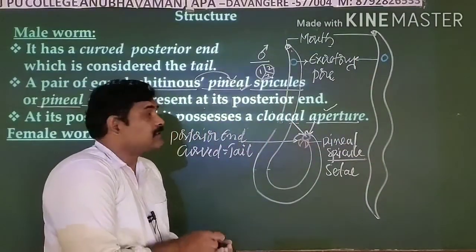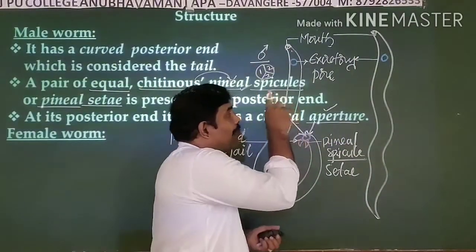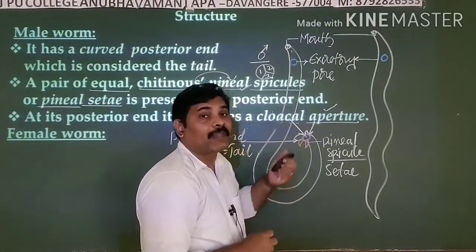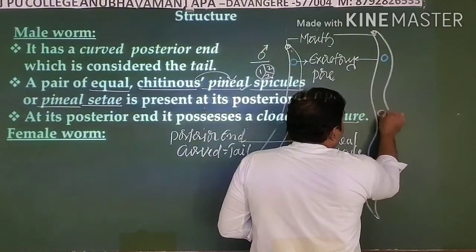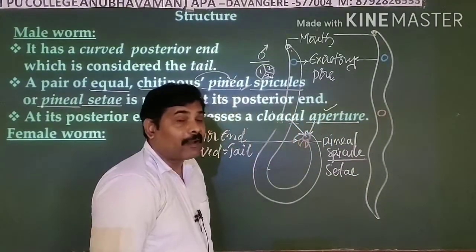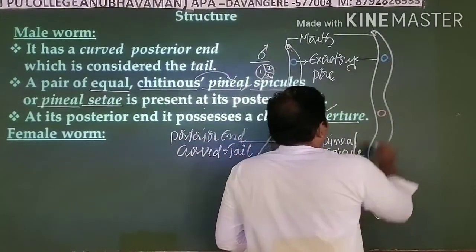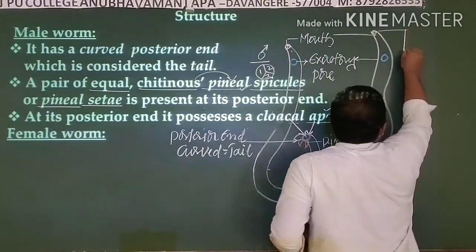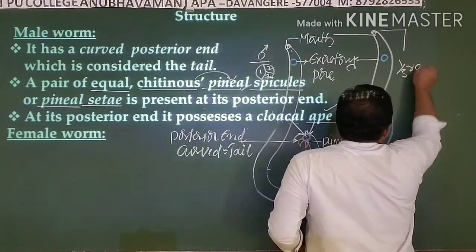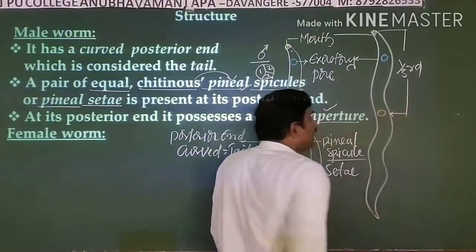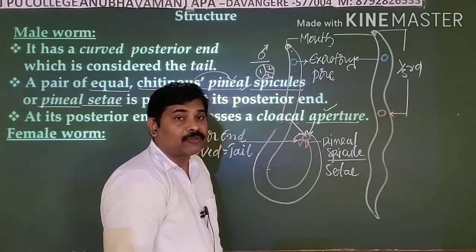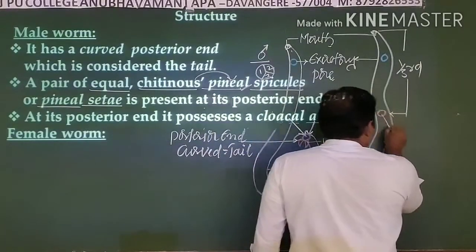The interesting point is that at about 1/3 length from the mouth, mid-ventrally, it has another opening, and this opening is known as the vulva.